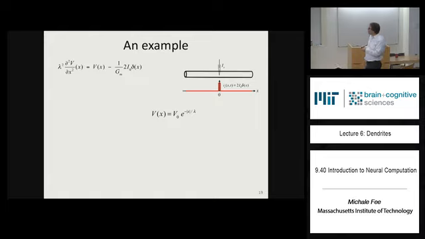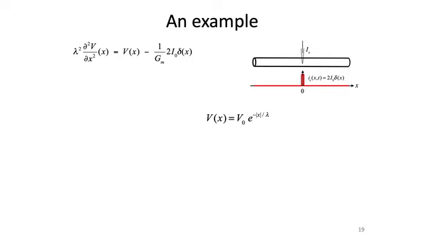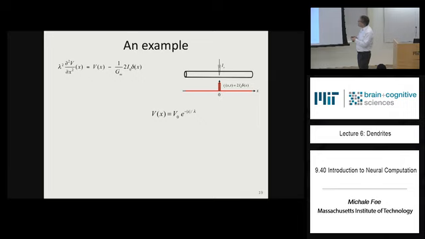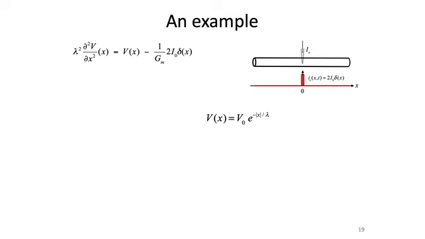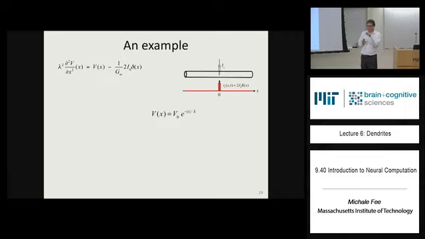So the solution to this equation is an exponential. V of position is V naught, some voltage in the middle, e to the minus absolute value of x over lambda. Why do I have an absolute value? What is the voltage going to look like if I inject current right here? Where's the current going to go? If I inject current into the middle of a piece of dendrite, is it all going to go this way?